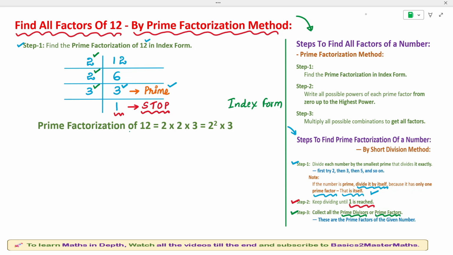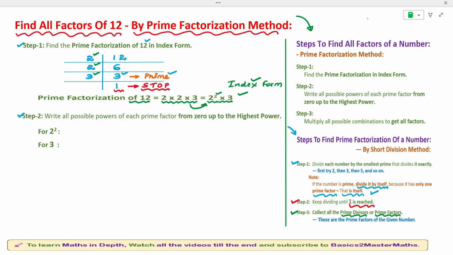So, prime factorization of 12 is 2 multiplied by 2 multiplied by 3. This can be written as 2 to the power 2 multiplied by 3. This is the index form.